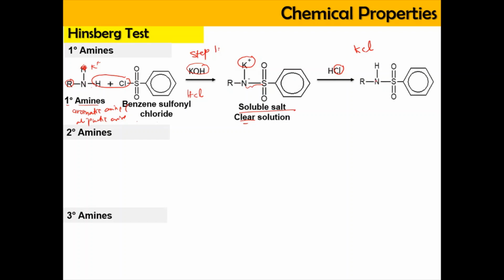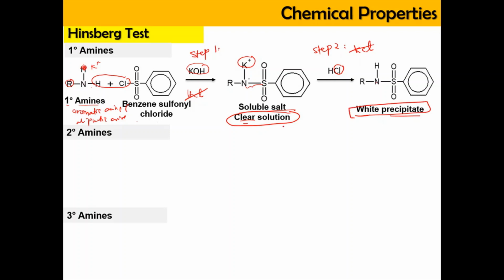This forms a white precipitate, mendakan putih. The byproduct here is not that important to us; what's really important is the amine product here. So for step number 1, you're going to produce a clear solution, and for step number 2, it's going to produce a white precipitate.